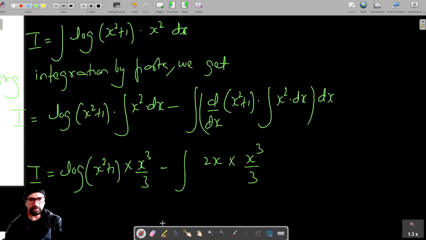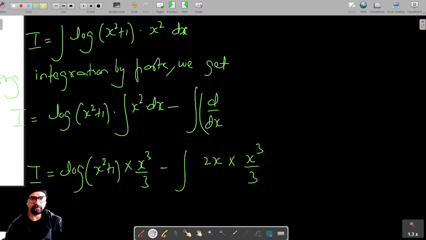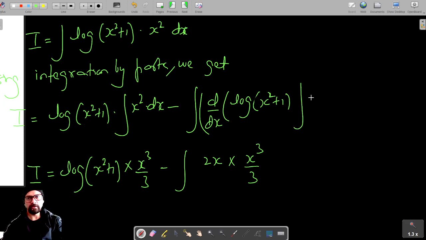Then comes the differentiation of the first function, the differentiation of log of x squared plus 1, and the integration of x squared into dx.